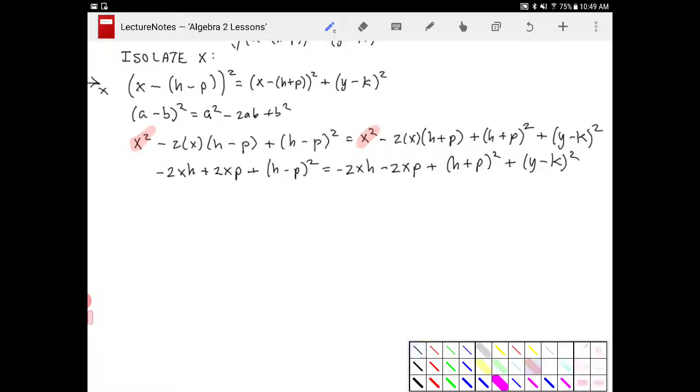And again, more things will start to cancel. I noticed that I have negative 2xh on either side. And I can also combine the 2xp's. So what I am going to do is subtract both sides by 2xp, and then subtract these terms on the right over to the left-hand side.